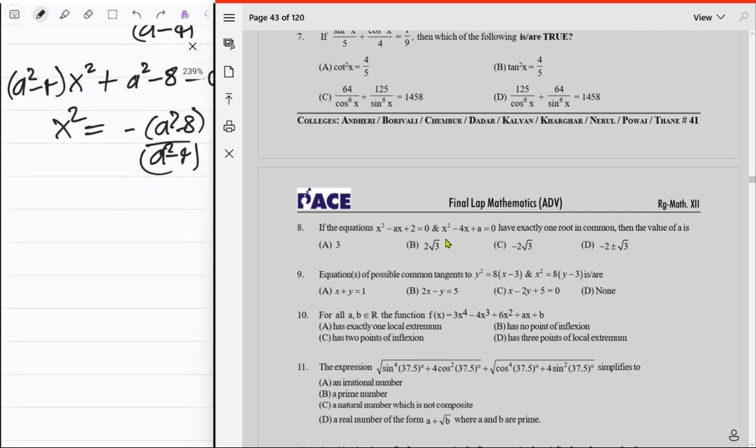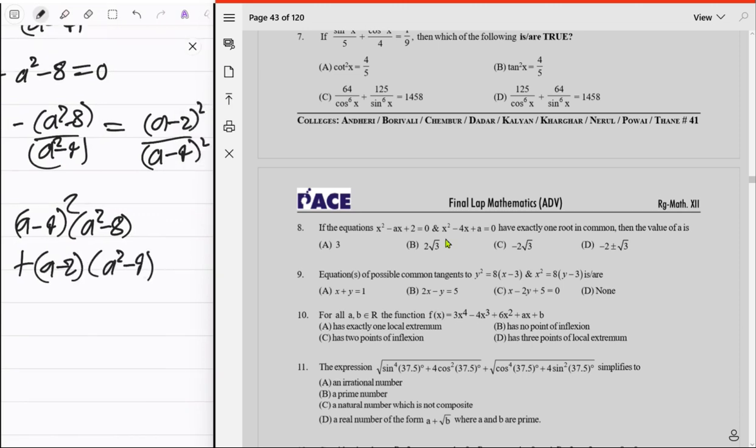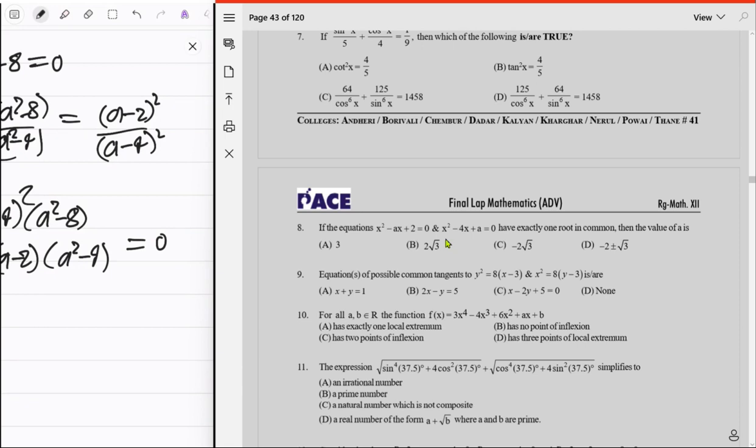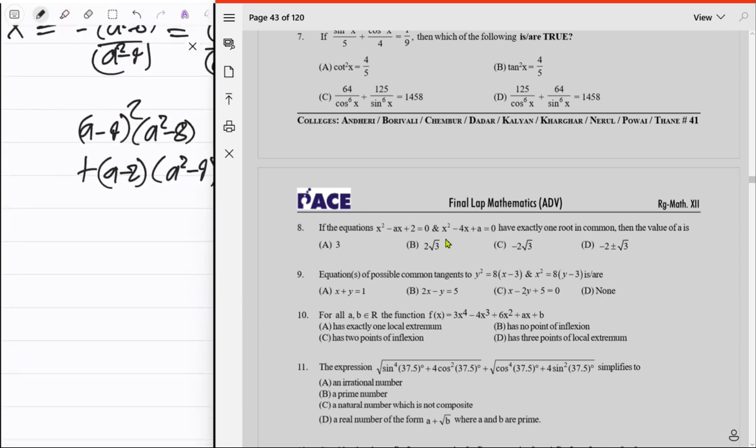ठीक है ना, चलता. So a square minus a minus 4 का square times a square minus 8 equal to 0. जैसे a minus 4 equal to u, you know, so this will be, फिर एक काम करो, a minus 3 को u बोल देते हैं, right?